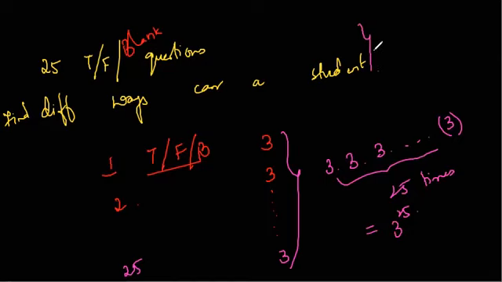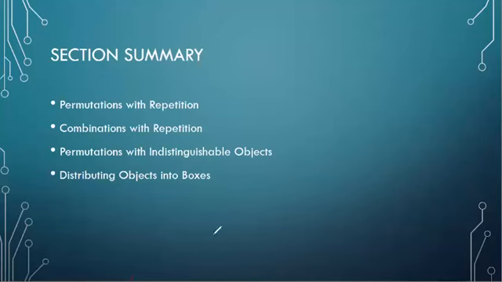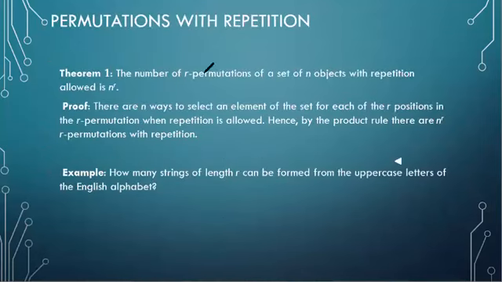Now, the number of r-permutations of a set of n objects with repetition allowed is n power r. That is, there are n ways to select an element of the set for each of the r positions.